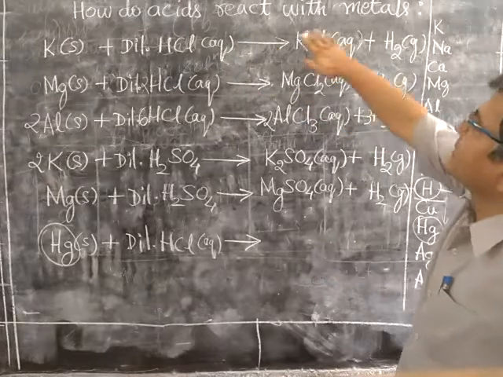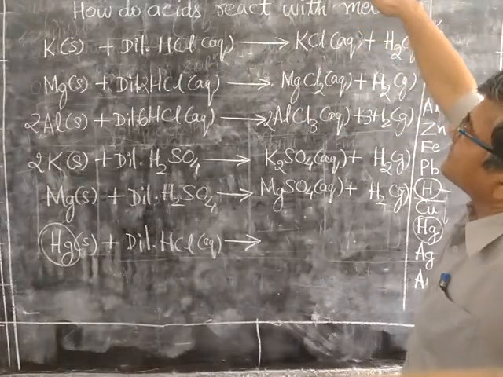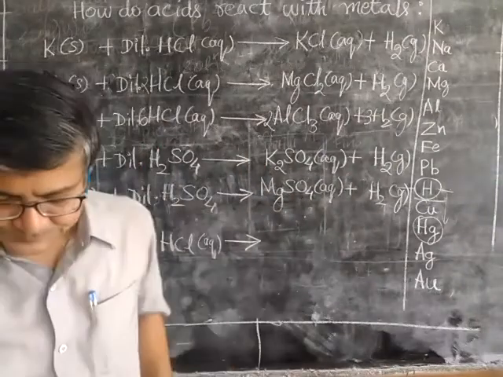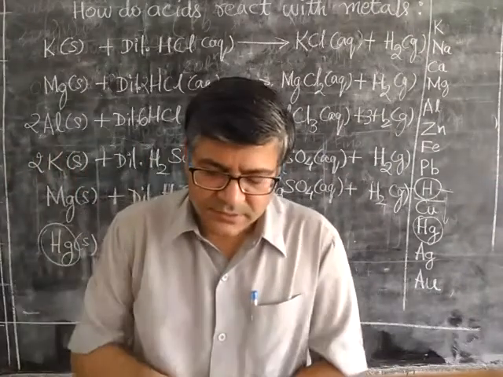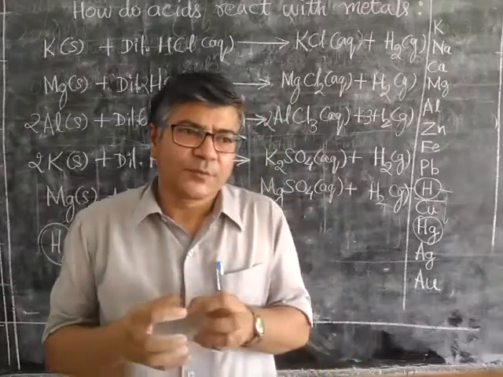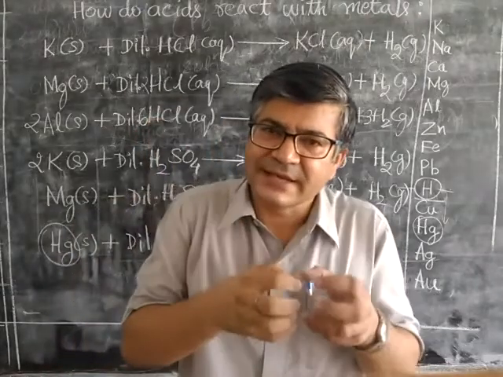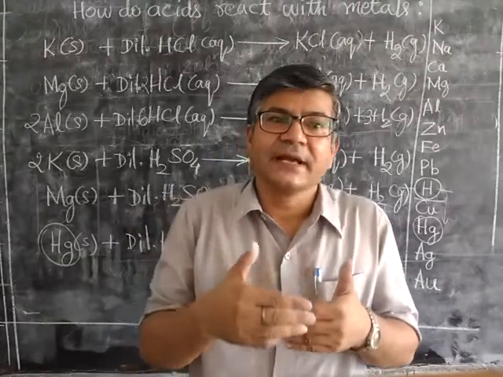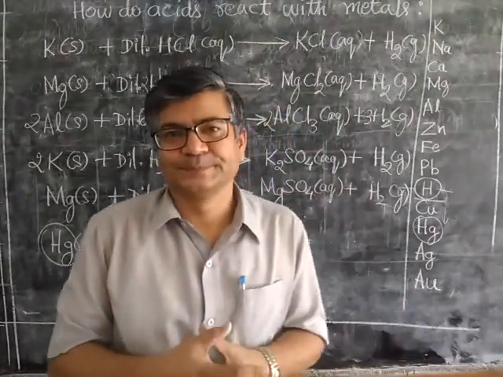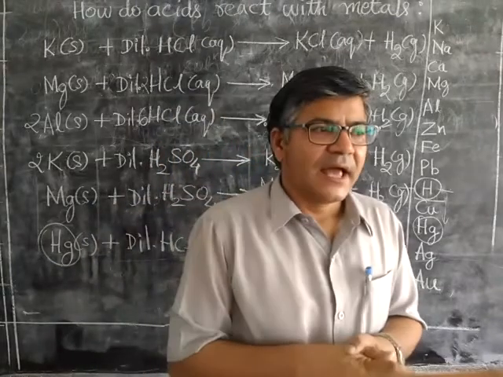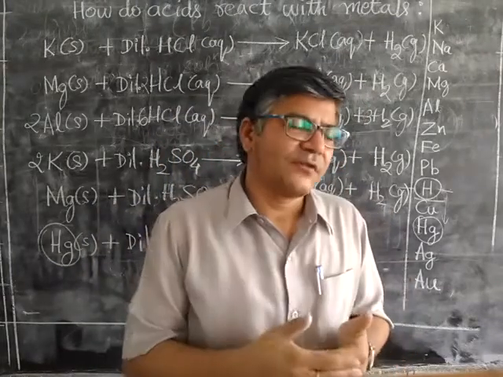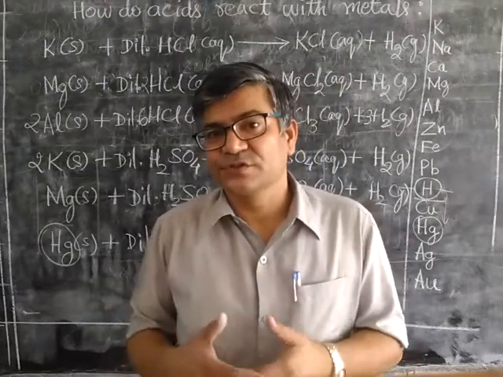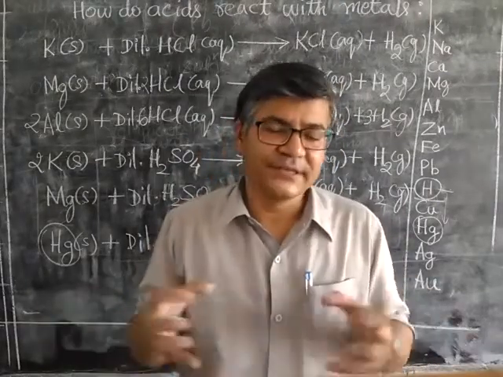Now, this is what happens when acids react with metals. In some cases, some reactions proceed to some extent and then stop because there is formation of an oxide layer on those metals like aluminium. Aluminium has a tendency of forming an oxide layer on its surface, which prevents further oxidation, so the reaction is not going to proceed further.